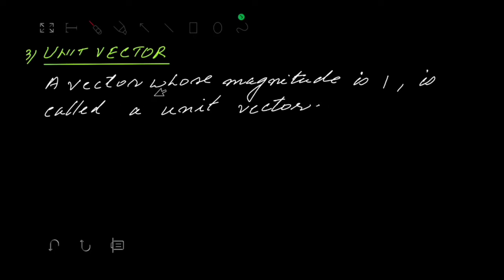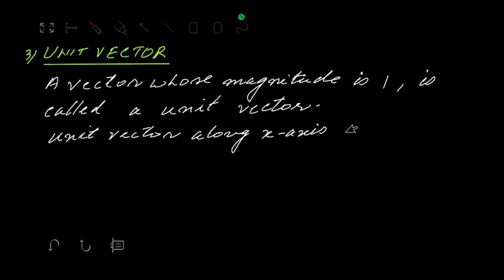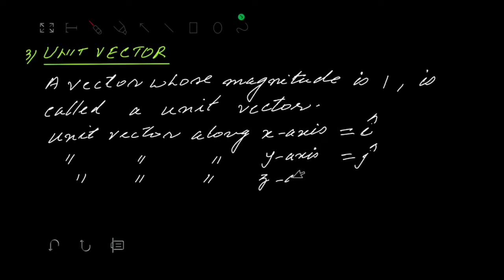And this unit vector may be in any direction, but a unit vector along x-axis is denoted by I cap, a unit vector along y-axis is denoted by j cap, and a unit vector along z-axis is denoted by k cap.